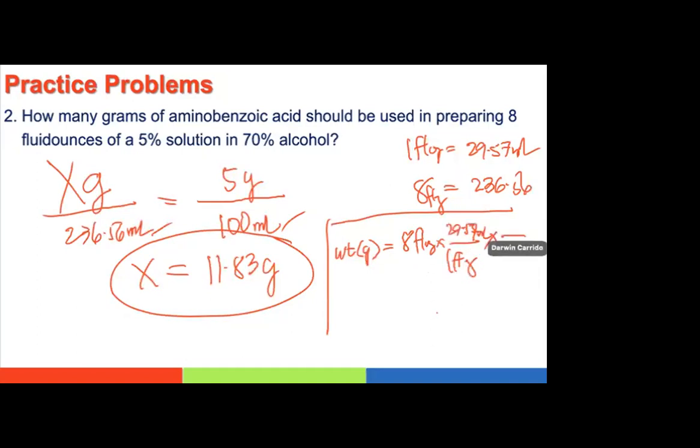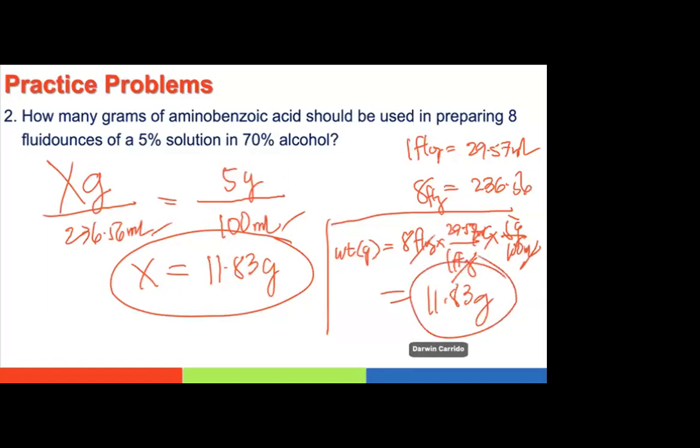Then what do we multiply this by? 5%, which is equal to 0.05, or 5 grams in 100 ml. Cancel out the same units, and you will get 11.83 grams. They are the same. Okay, did you get this? You need to be perfect.